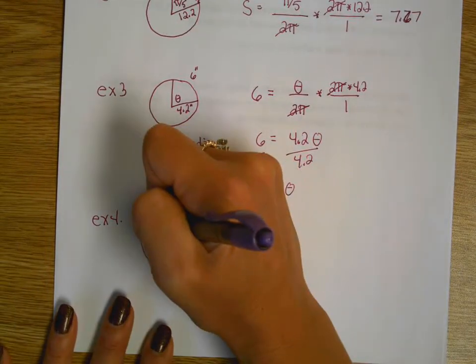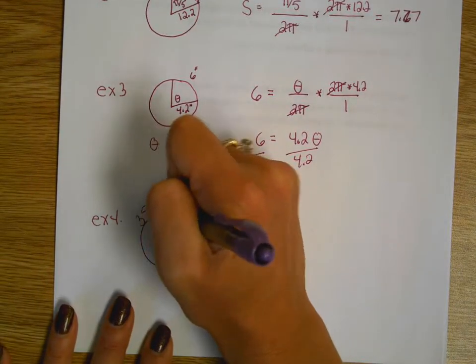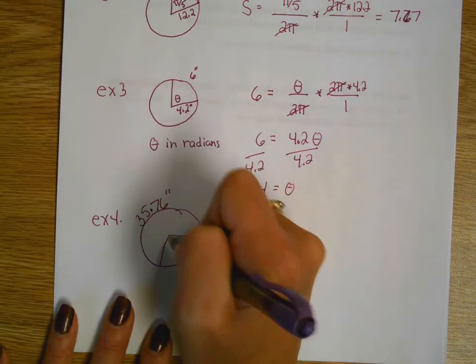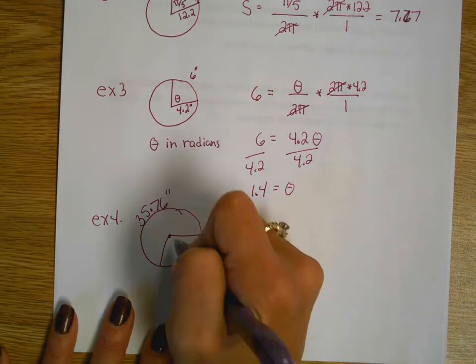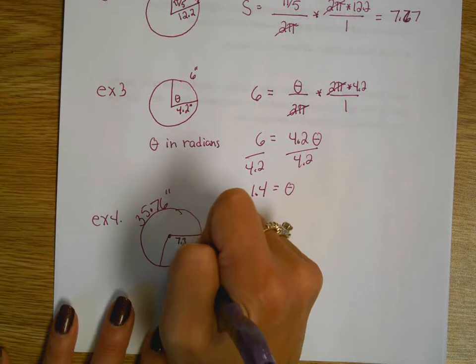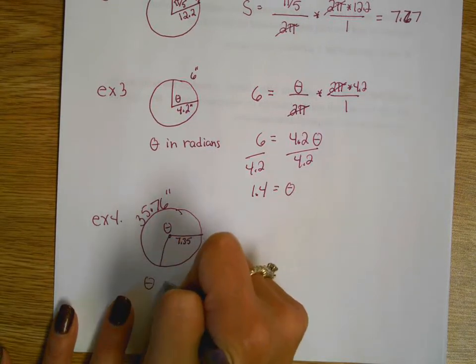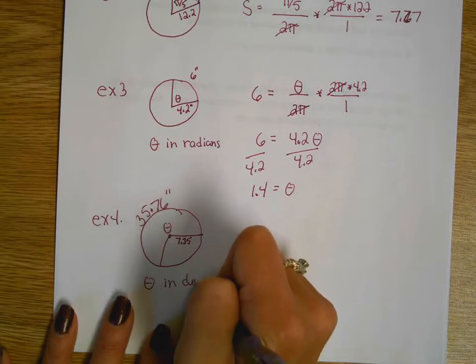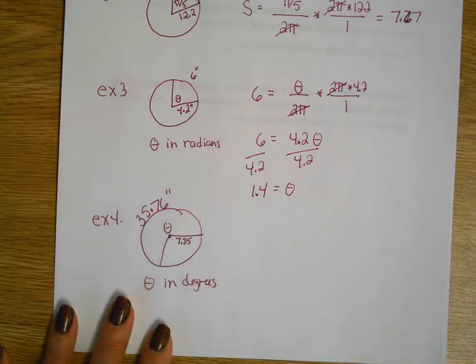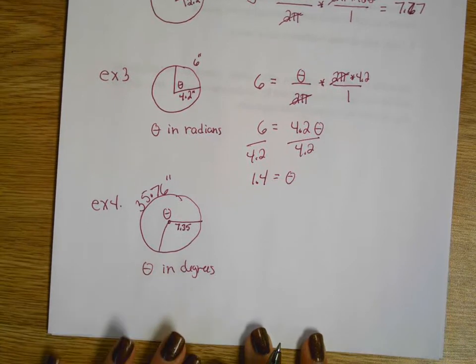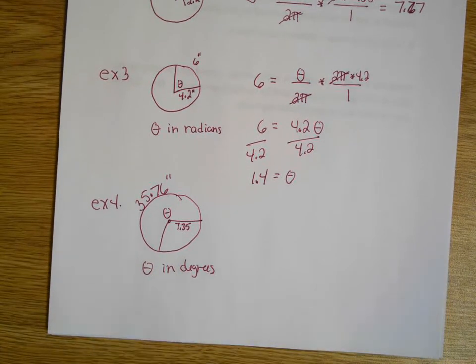Say the arc length here is 35.76 inches. The radius is 7.35. Can you find the angle in degrees? So we're still going to set up the arc length equals fraction times circumference.